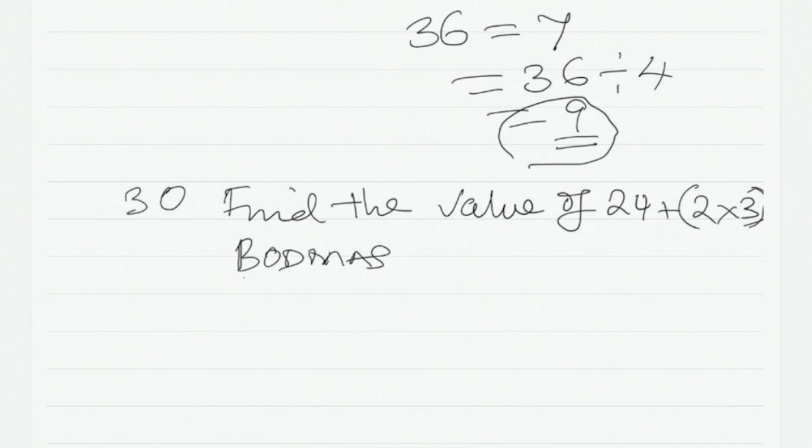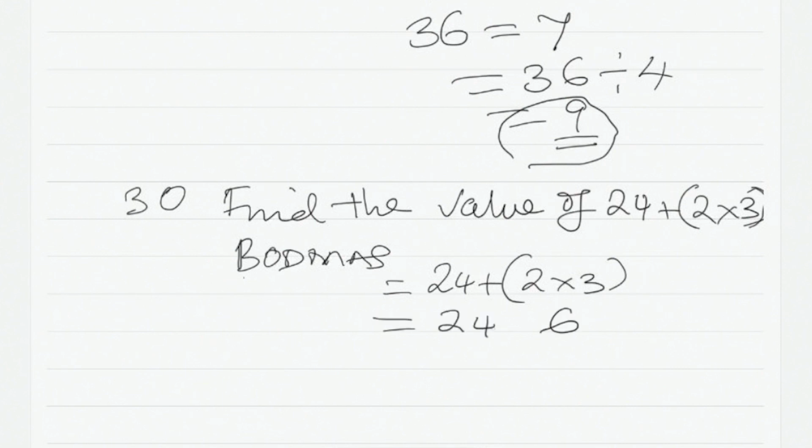So we first work out the problems that are in the brackets. So what we are going to do here is like this: 24 plus 2 times 3. 2 times 3 gives us 6. Then we add to 24, our answer is going to be 30.